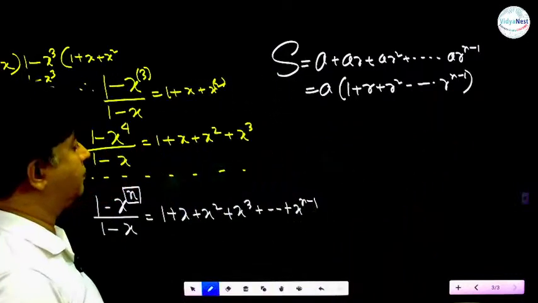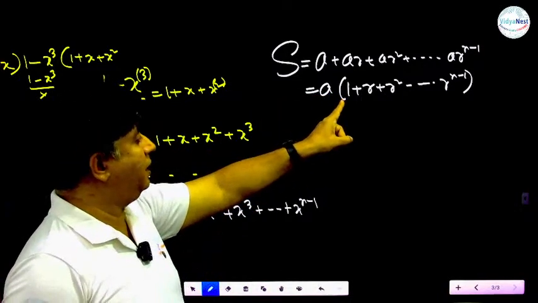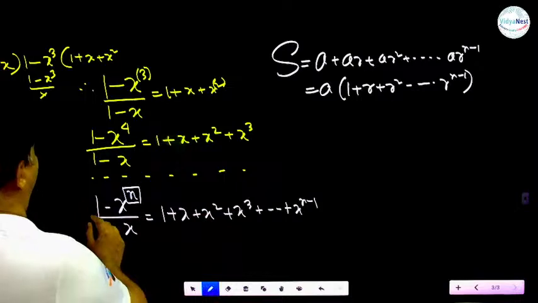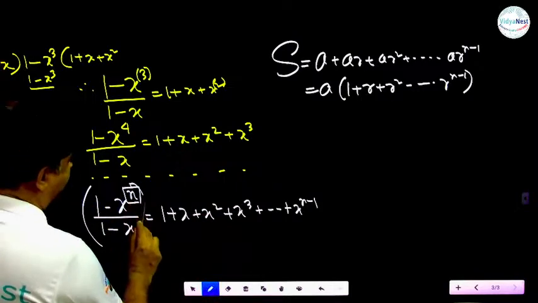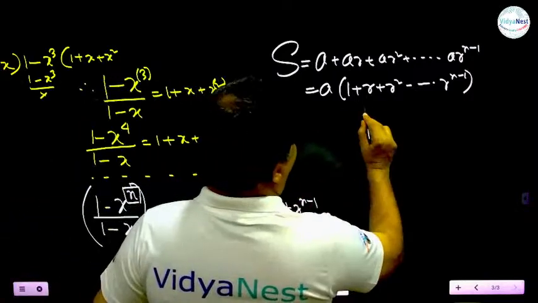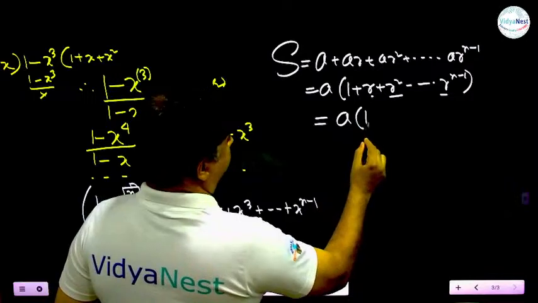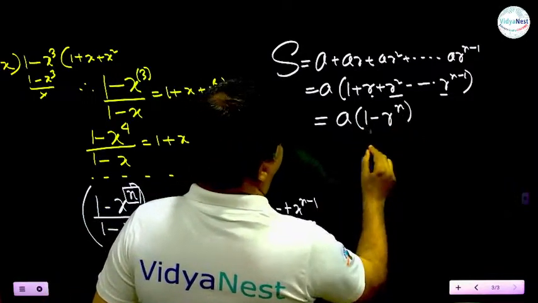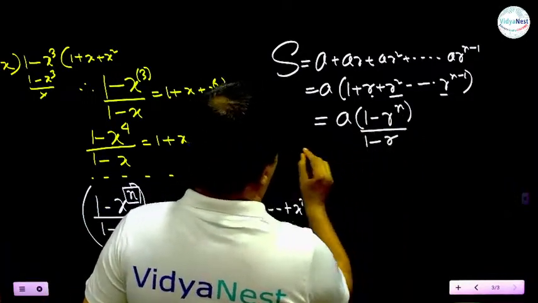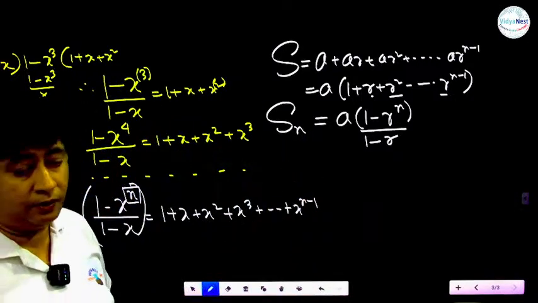See, this resembles this. If this thing can be expressed by this algebraic expression, then the same thing can be written in terms of R, that is the summation up to n terms.